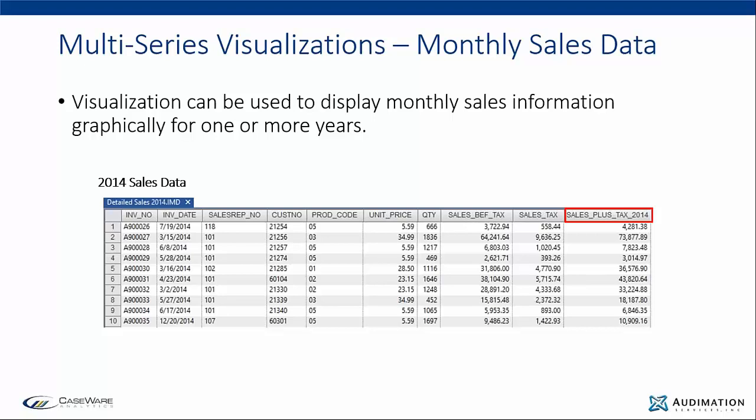So I'm creating a Sales Plus Tax field that has the same information as the native Sales Plus Tax field. The difference is that it's going to be called something different, as you can see here, Sales Plus Tax_2014. Then I will do the same thing for the 2015 file.